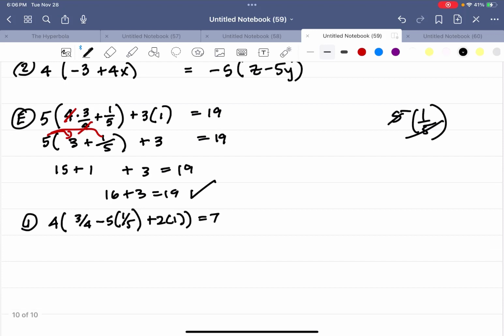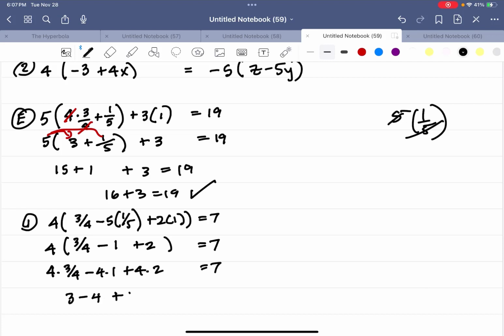So that's 4 times 3/4 minus 4 times 1 plus 4 times 2 should be 7. So that's going to be 3 minus 4 plus 8 equals 7. Negative 1 plus 8 equals 7. That is true. So as long as it checks out in equation 2, then we're in great shape.